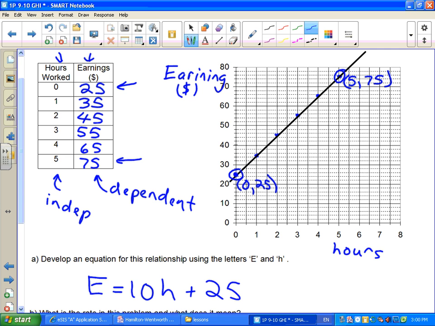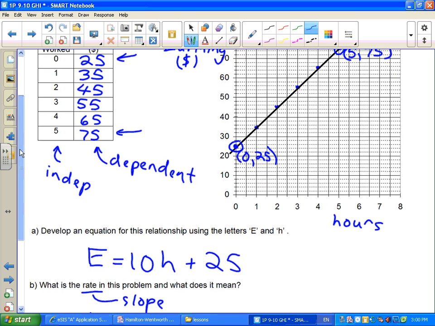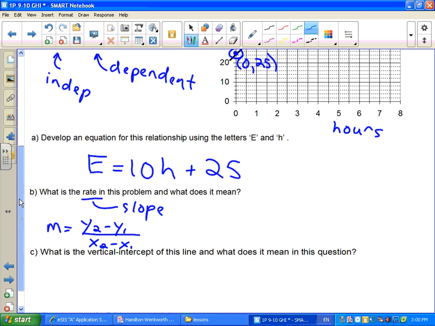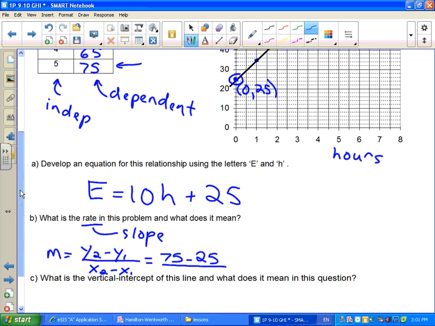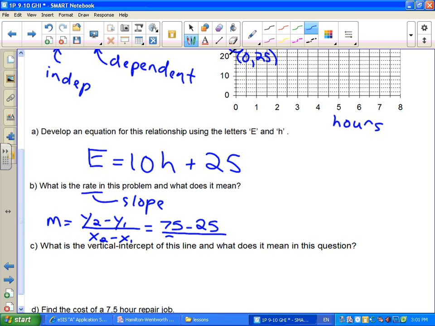So now I just put those values of x and y into my equation. y2 is 75. y1 is 25. x2 is 5. x1 was 0, and I do that subtraction. 75 minus 25 is 50. 5 minus 0 is 5.